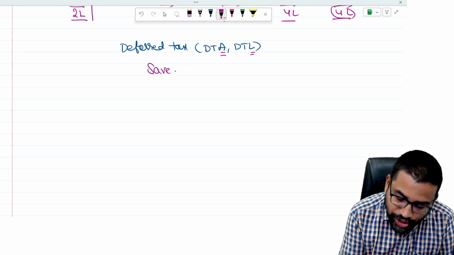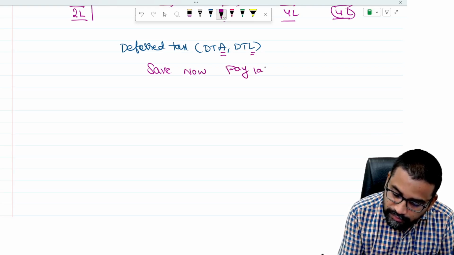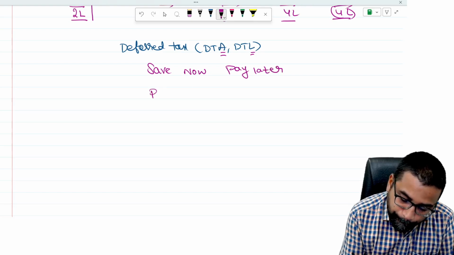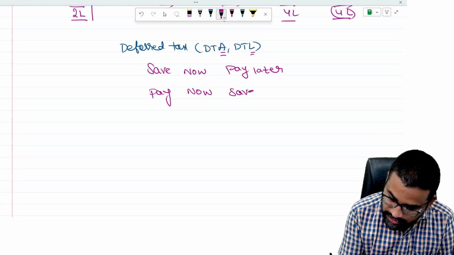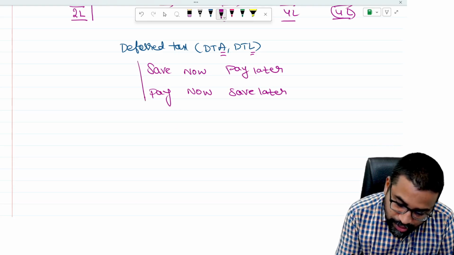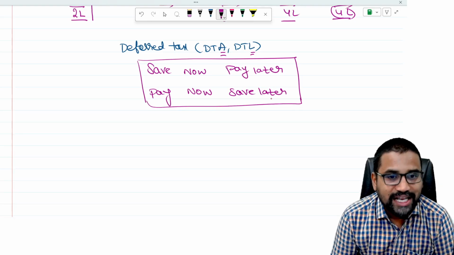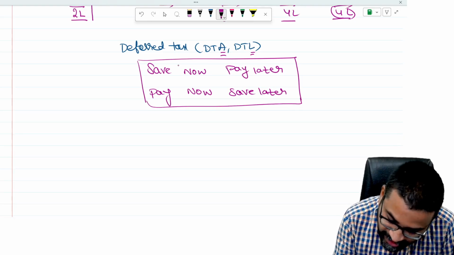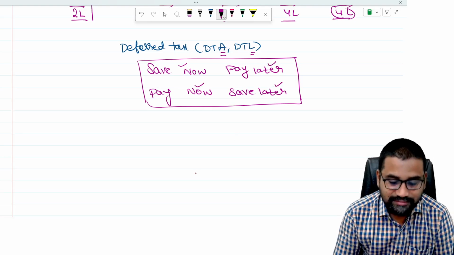Save now, pay later, or pay now, save later. So you remember this golden rule to identify whether it is deferred tax asset or liability. Save now, pay later. If you pay now, you can save later.